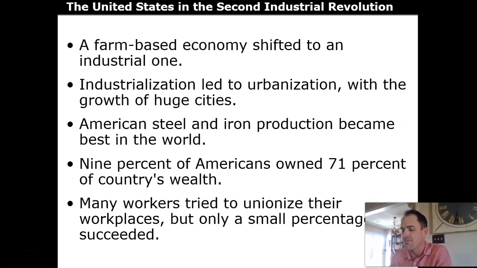However, it's a time of dramatic increases in income inequality, as 9% of Americans owned 71% of the country's wealth. And we talked a little bit in the previous lesson about the rise of socialism as a, what's the word I'm looking for? A means to alleviate some of the problems of capitalism and this industrialization. It doesn't really happen in the United States for a number of reasons.